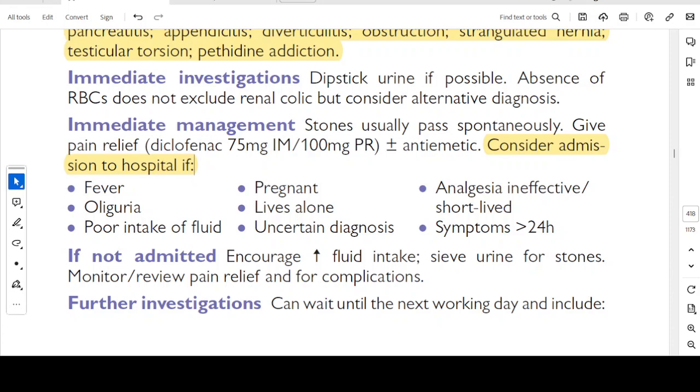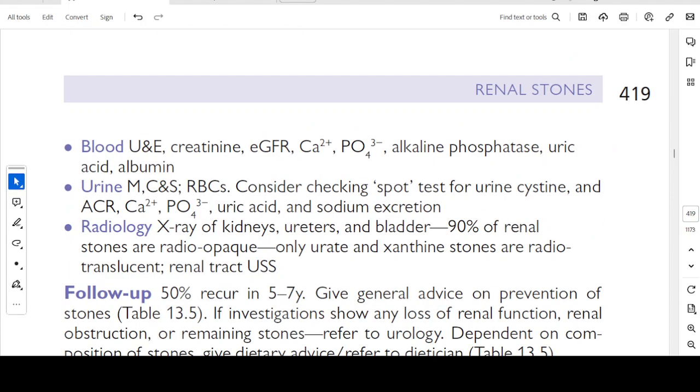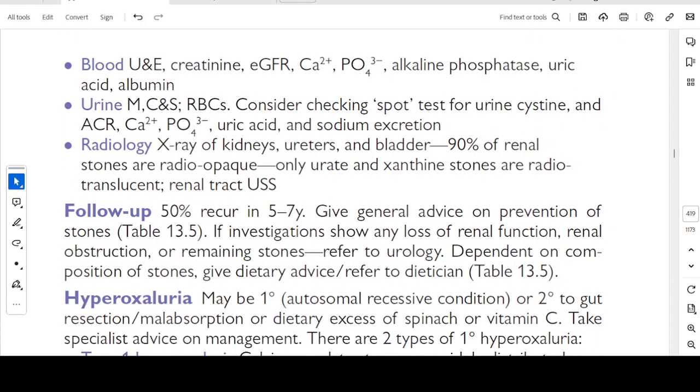If not admitted, encourage increased fluid intake, sieve urine for stones, and monitor or review pain relief and for complications. Further investigations can wait until the next working day, so they don't have to be immediate.